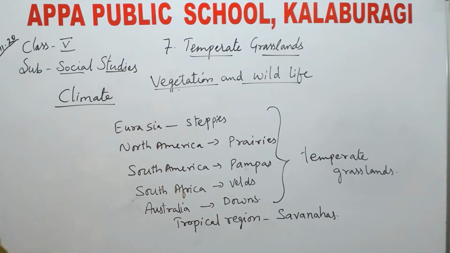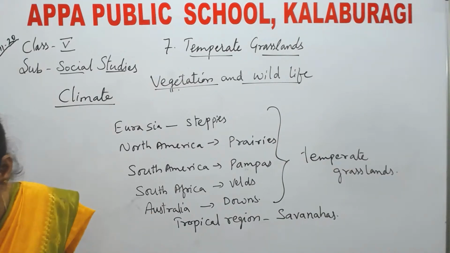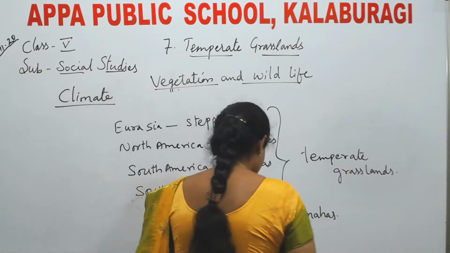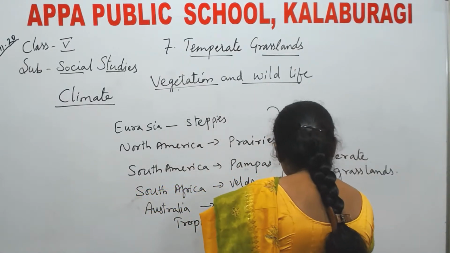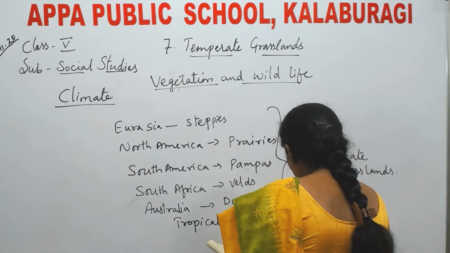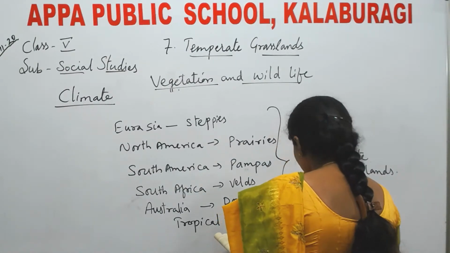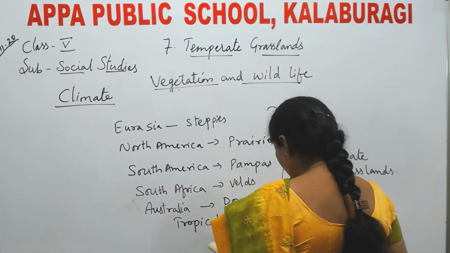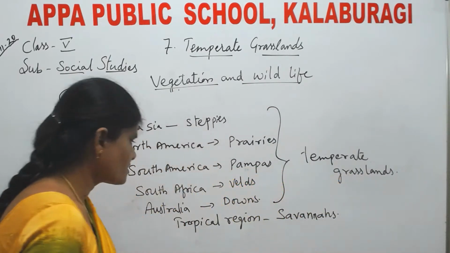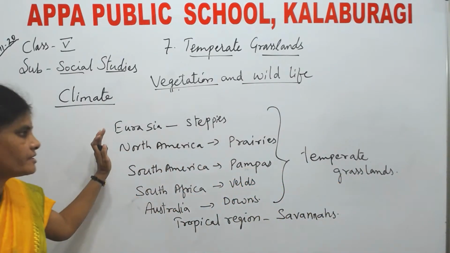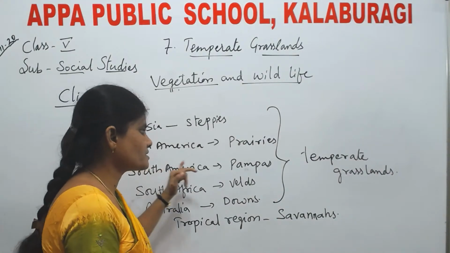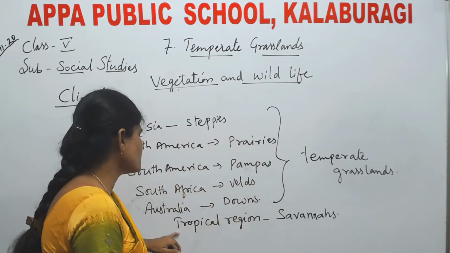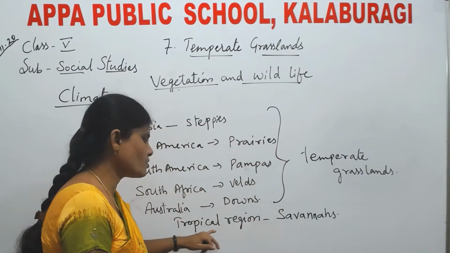Understood? Savannas. These are the different grasslands found in a tropical region, called tropical grasslands.